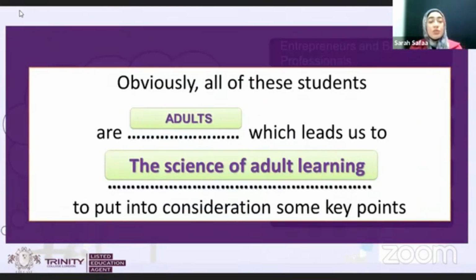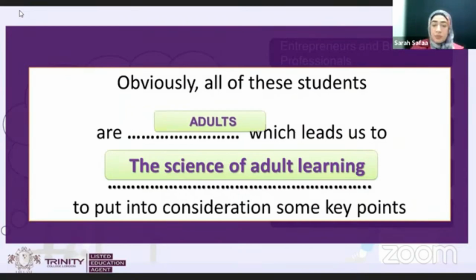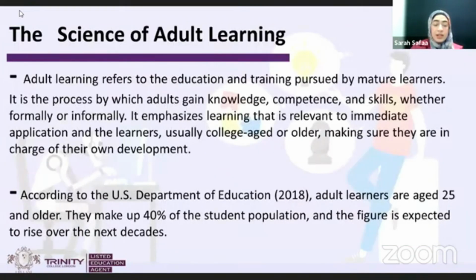Which takes us to a topic that is very important, and I need you to take it into consideration while you are preparing your sessions, which is the science of adult learning. It's a recent study that has been published in 2018.